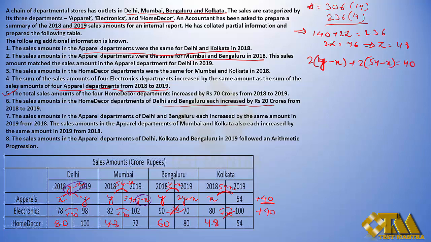This is supposed to be 40, or else y minus x plus 54 minus x is supposed to be 20. This gives me an information as 2x minus y should be nothing but 34. So this is an information which is important here. I have to utilize this one, right?